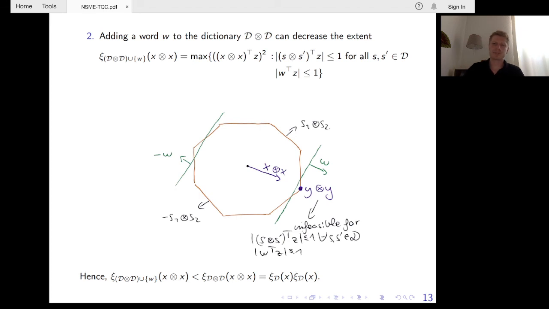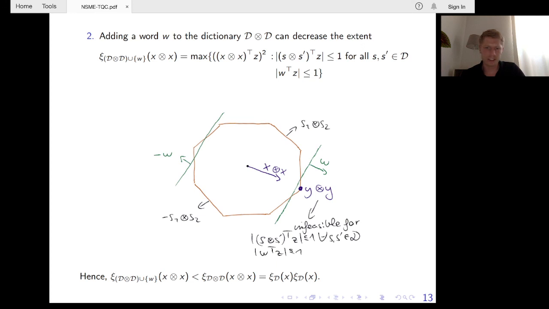Now we have this product dictionary, and what might happen when we add a word to this dictionary? So right now we compute the extent with respect to a bigger set. Again, the problem is essentially the same. Geometrically, the new word adds two new hyperplanes to our dual formulation. We have this unique dual witness y tensor y, and by adding this word to the dictionary, what might happen is that this optimal unique dual witness becomes infeasible.